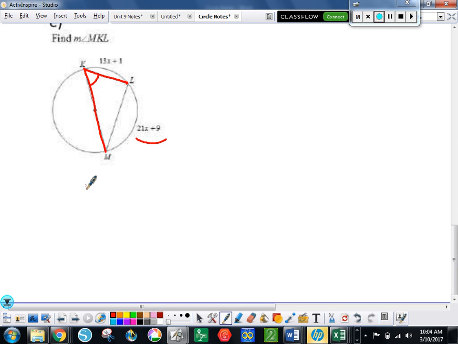So do you have a number that is going to go along that arc? So we probably should start by adding them together. We've got 13x plus 21x, which would make this 34x, plus 1 plus 9, plus 10. What are we going to set that equal to, though? That's the key part. Why would we set it equal to 180? Because this is the diameter. Good.